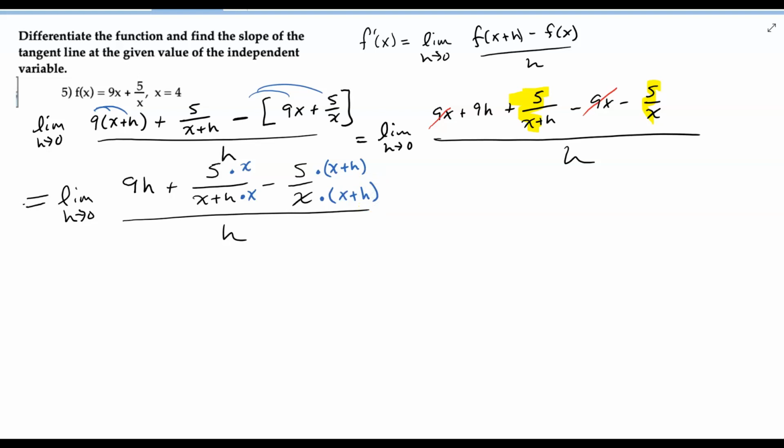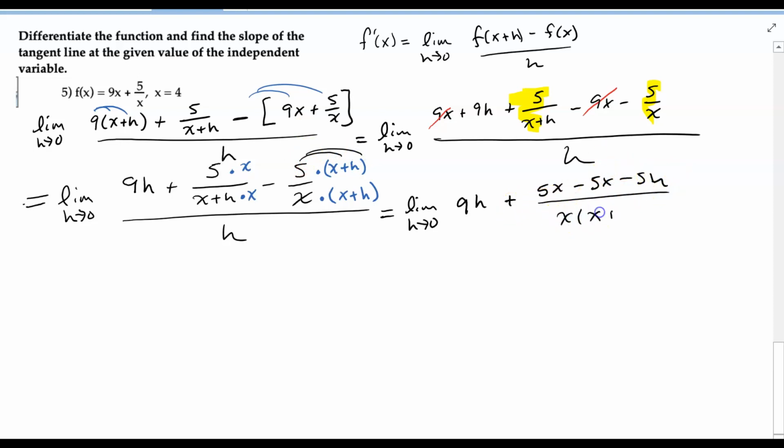All right, now we do some simple distributing, and we can then combine like terms. So let's see what we end up with. Of course, I can't forget this 9h thing, but I'm going to have plus 5x minus 5x minus 5h when I do this distribution, and then all of that divided by x times x plus h, and then all of this divided by this magic h there at the bottom.